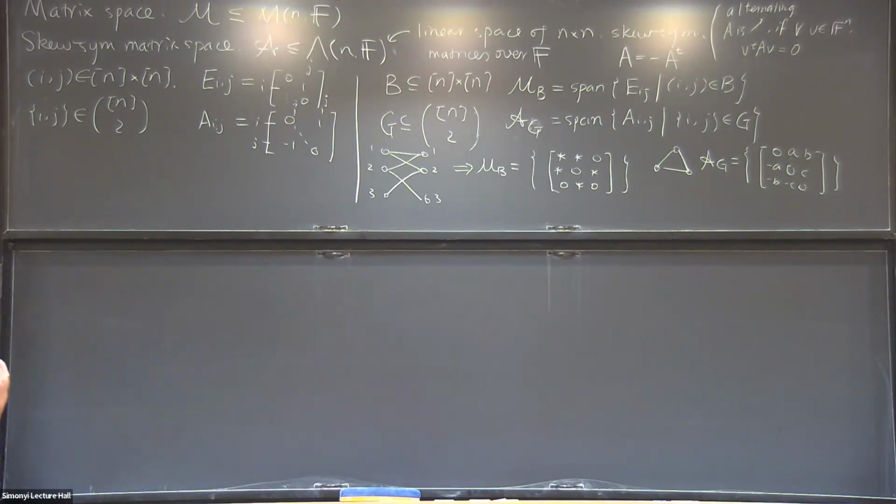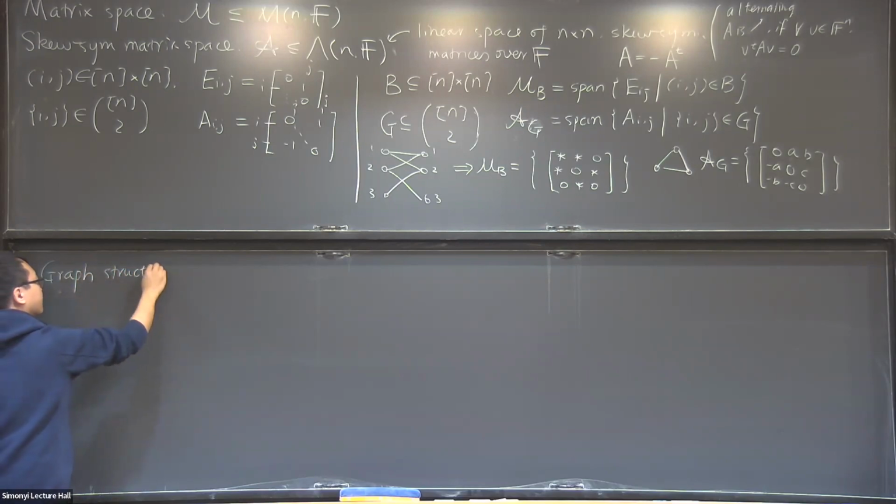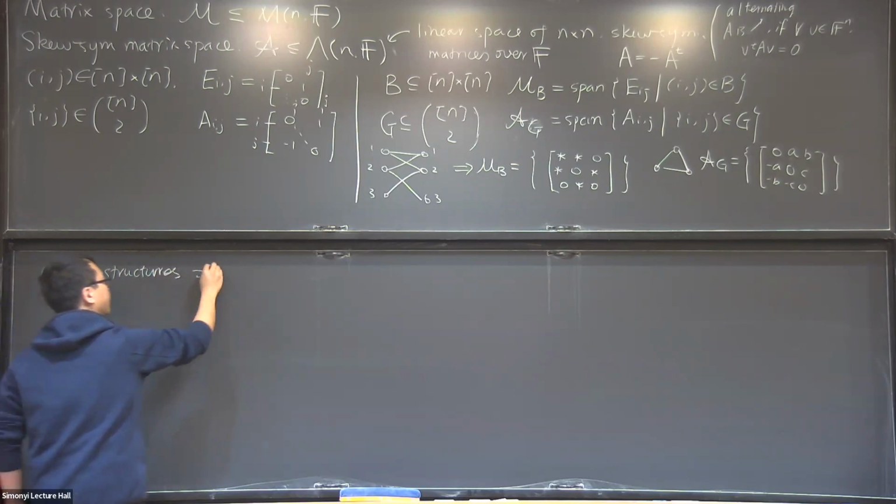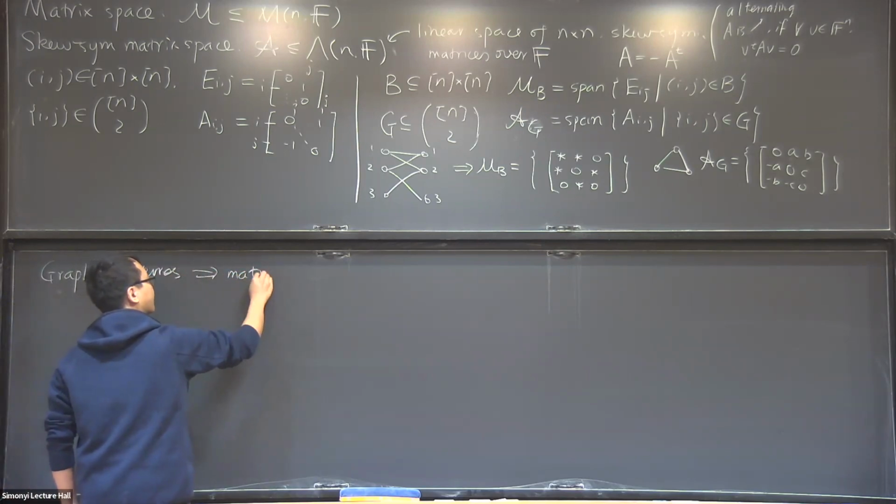We are going to connect graphs to matrix spaces, and this is essentially the embedding from graph to matrix spaces. And what I'm going to tell you is that there are some interesting stories, hopefully. So we are going to see some correspondence of graph structures to matrix space structures.